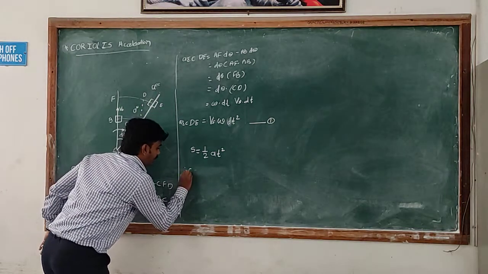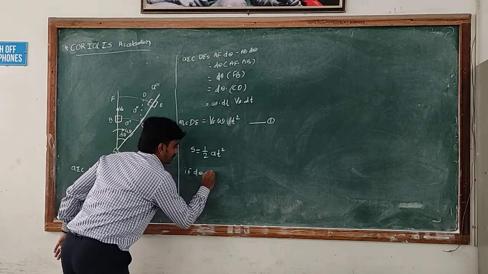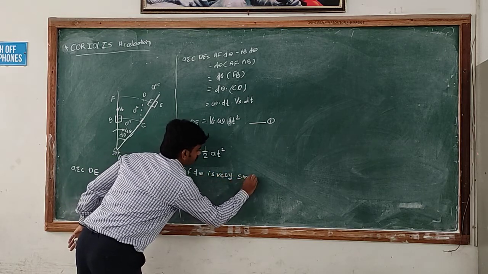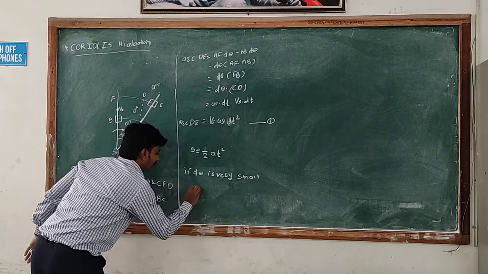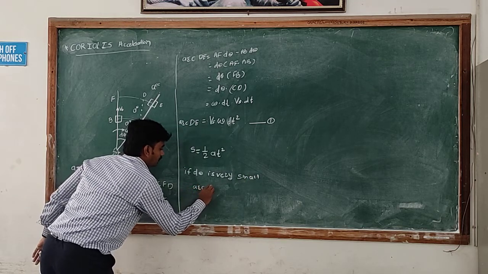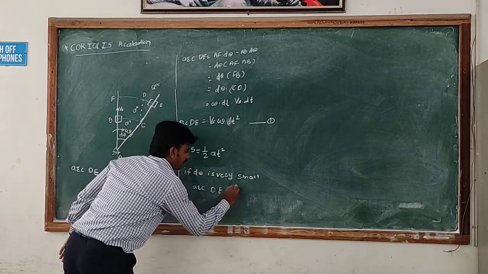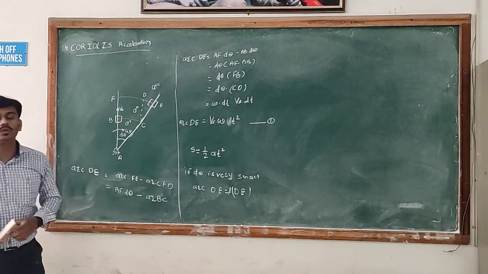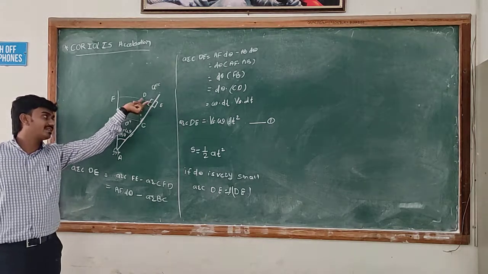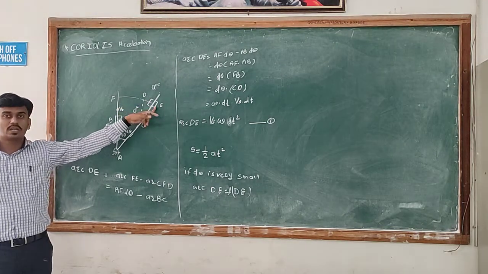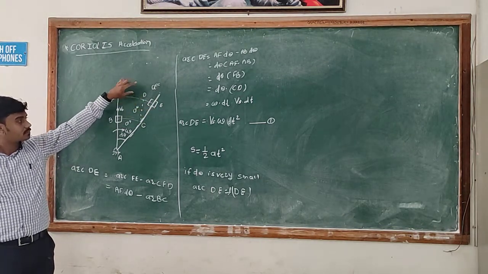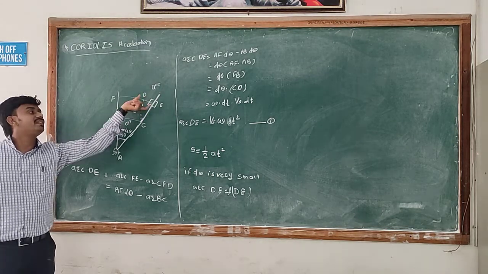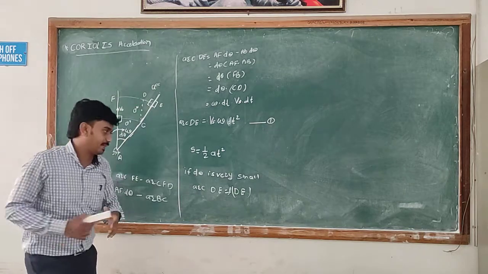If d theta is very small, in this case the arc DE is equal to the length DE, which means we consider it as a straight line. If this is a straight line, then DE is the distance or displacement.